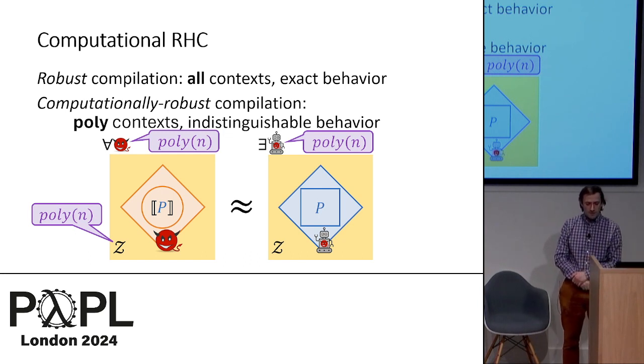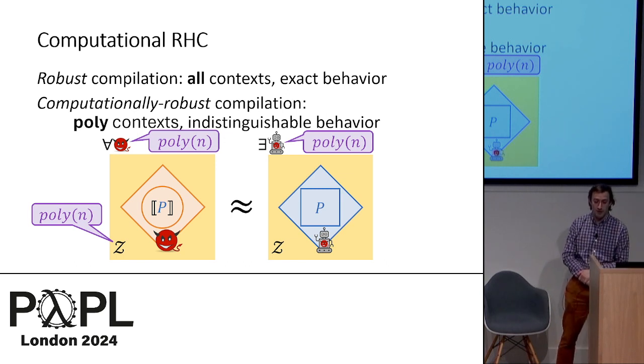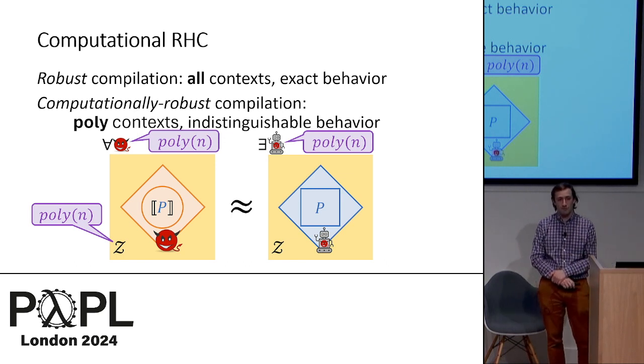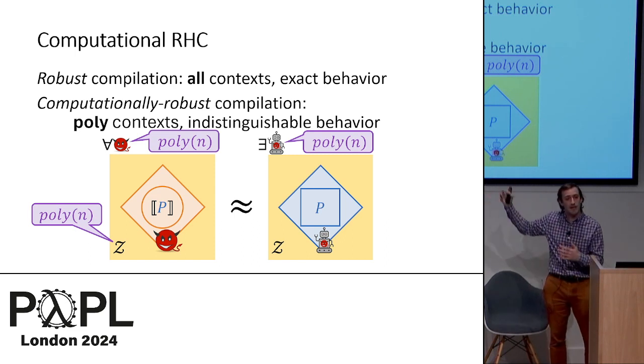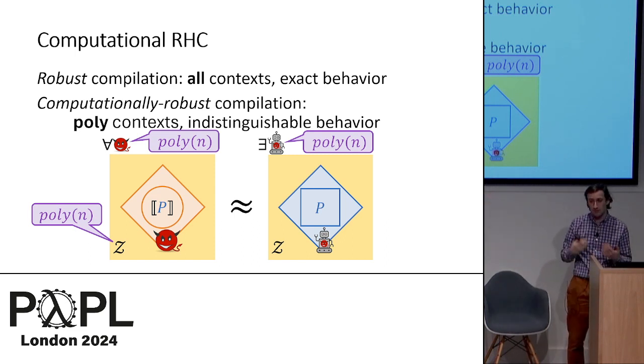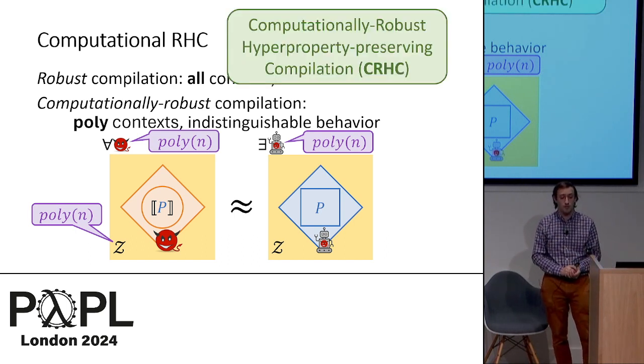Now, these are really simple changes I've made here, but I want to point out that they're also a fundamental extension to the robust compilation framework. The robust compilation framework doesn't really have a way to talk about this, and so we need to add one in to be able to make these conceptually simple changes. But when we make them, we end up with a notion of computationally robust hyperproperty preservation.